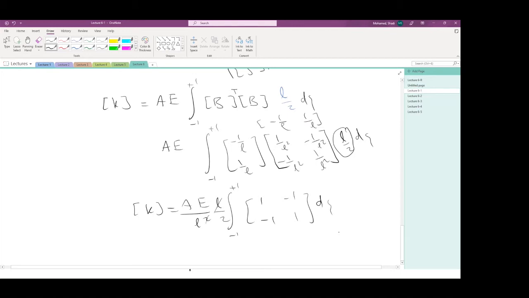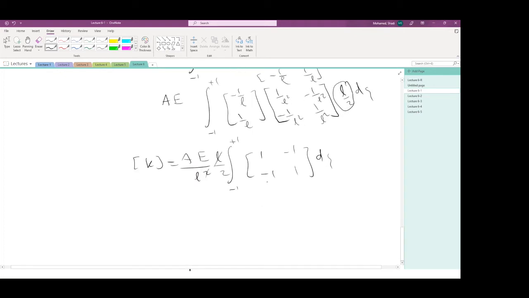And then I have the integral over xi. So what you are left with is just EA over 2L and the integral of these entries. Now, this is constant. I'll just take it outside the integral. I'm going to integrate d xi between minus 1 and 1.